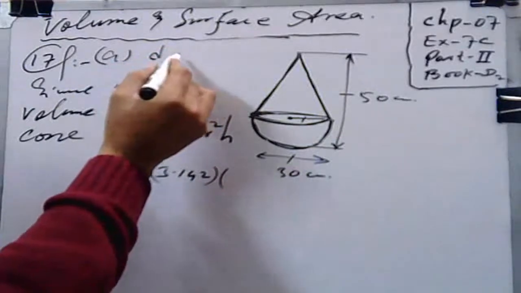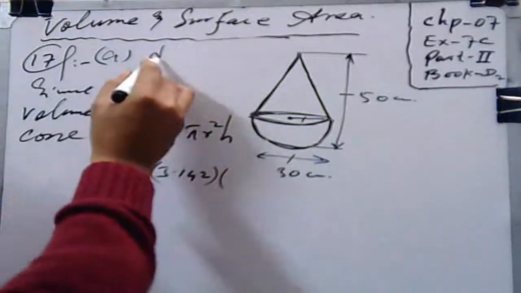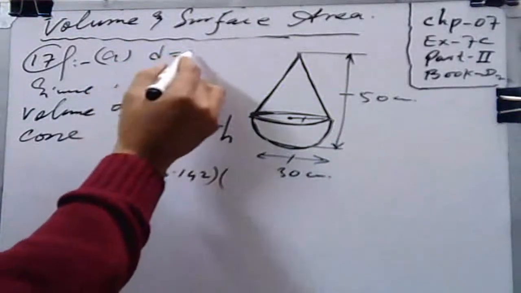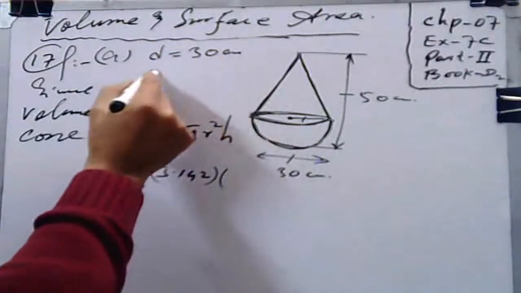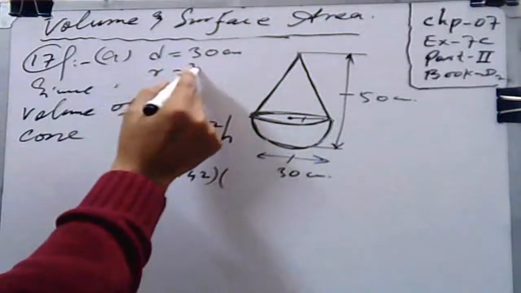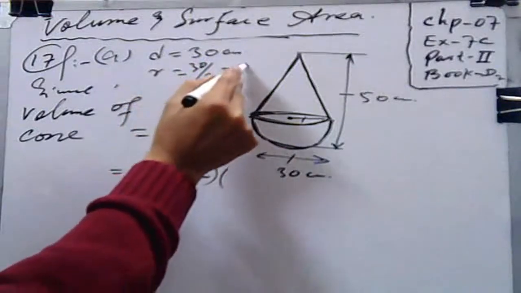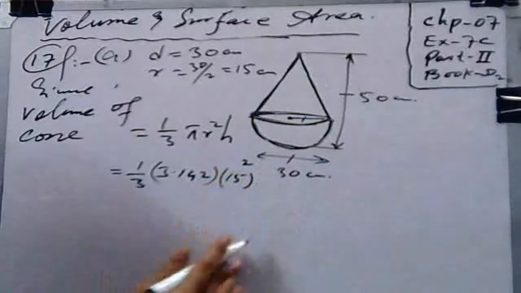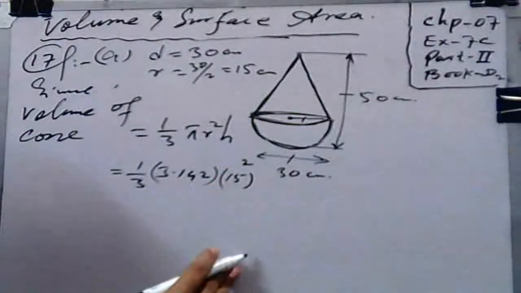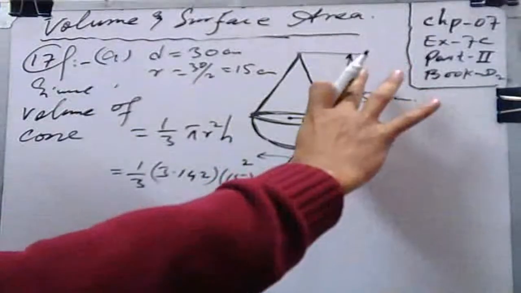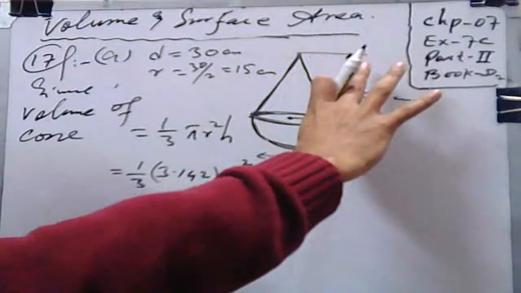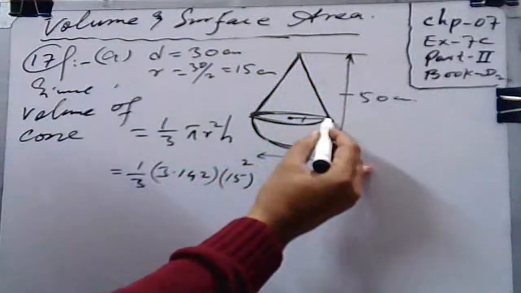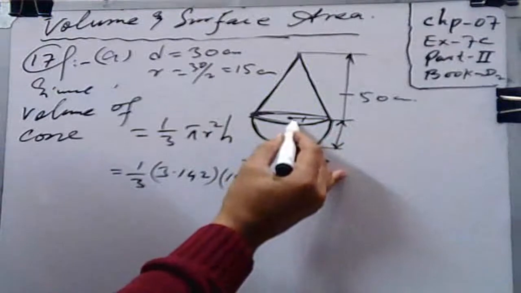So what is the value of r? 30 by 2, so you will get 15 centimeter. So 15 is your radius, and for the height of the cone, it should be subtracted, because this radius r is the same in the hemisphere or semisphere.